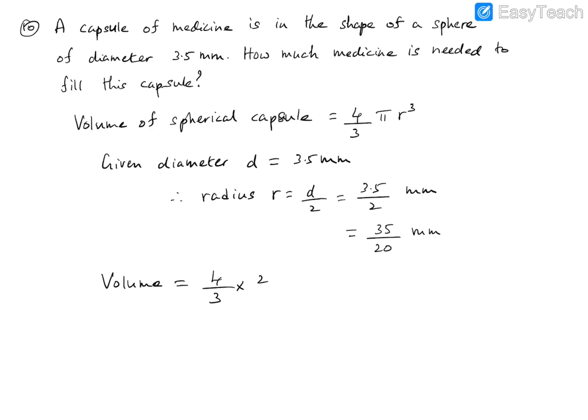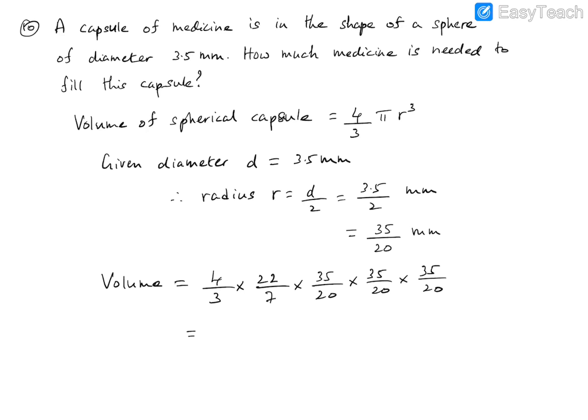Pi is 22/7 into r cube, which is 35/20 multiplied 3 times, right? So 35/20 into 35/20 into 35/20. So when we simplify this expression, we will get the volume of the spherical capsule, which is the amount of medicine that is needed to fill in this capsule.